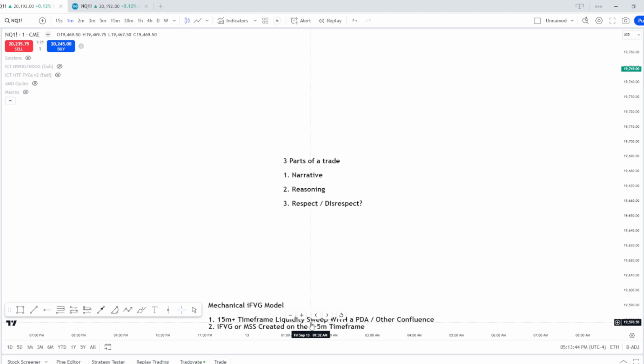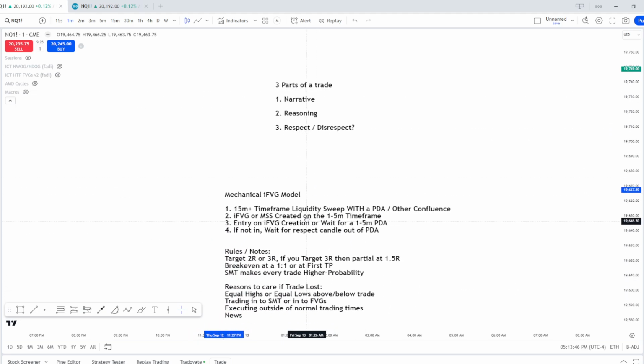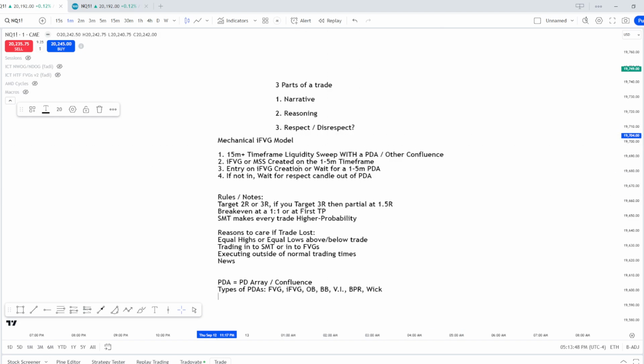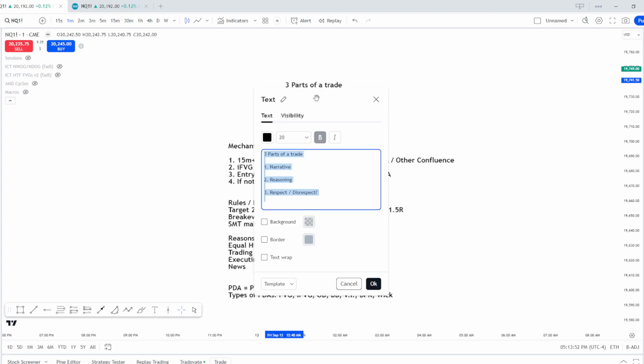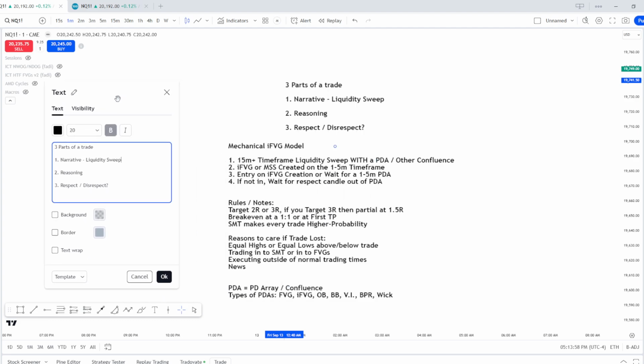So if we drag this back up here, the first part, the narrative of our trade, is going to be a liquidity sweep. I'll add that in here. The second part, the reasoning, is going to be either our inverse fair value gap or a market structure shift.